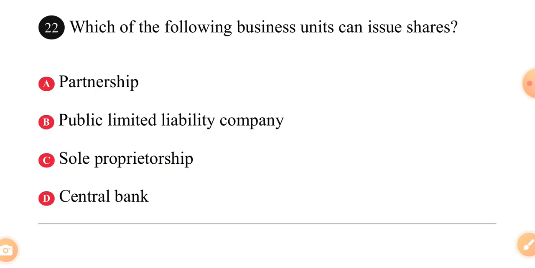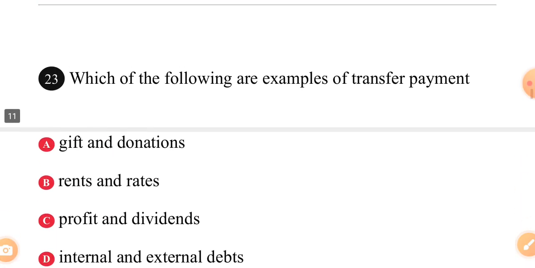C. Sole proprietorship. D. Central bank. Partnership cannot issue shares. A sole proprietor who is just struggling to start his business, a one-man business, cannot issue any share. Central bank does not issue shares. The answer is B, public limited liability company. I hope you are learning.